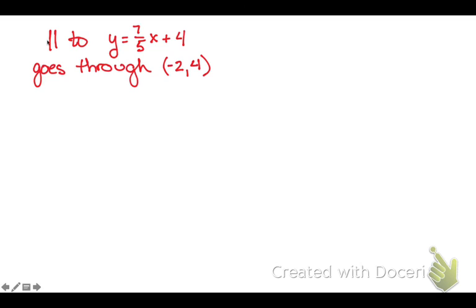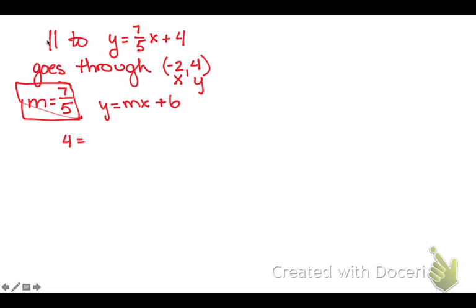Sound good? Okay. So m is what? 7/5. So I have 7/5 for m. And I have an x and a y. So can I plug it in? Yes. So y equals mx plus b. So y is 4. 4 equals m, 7/5 times x, -2, plus b.